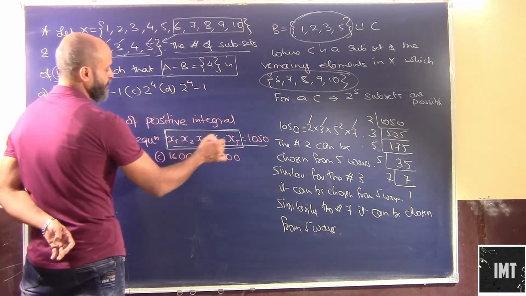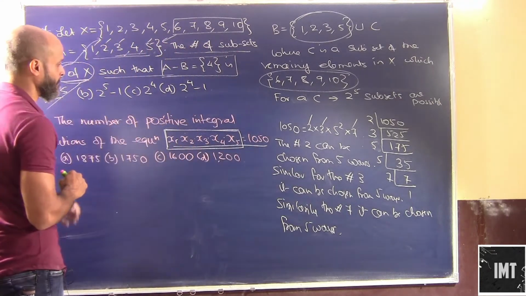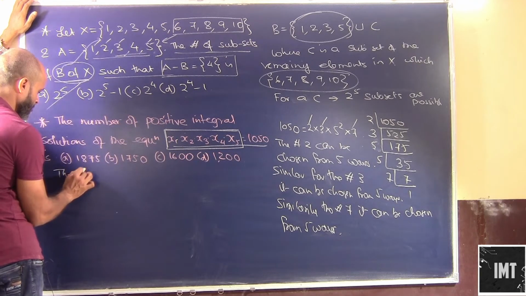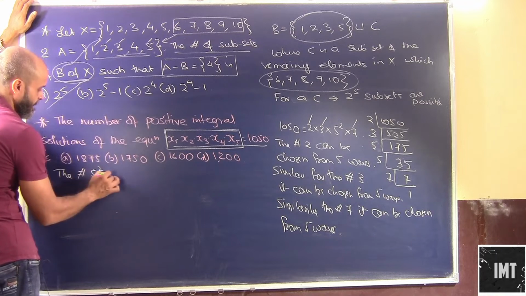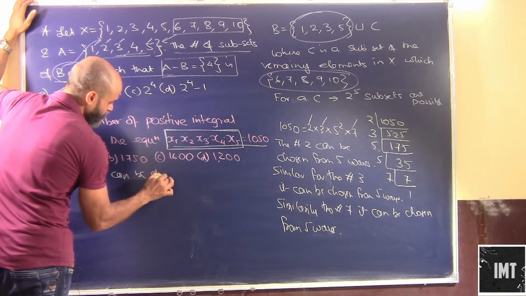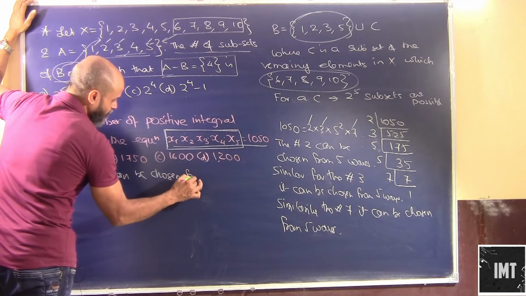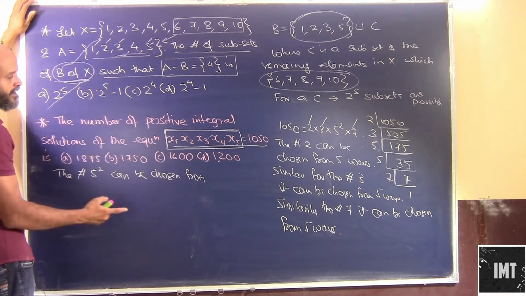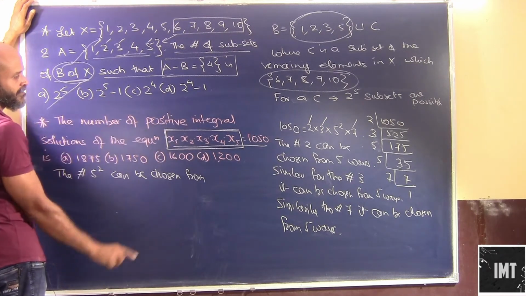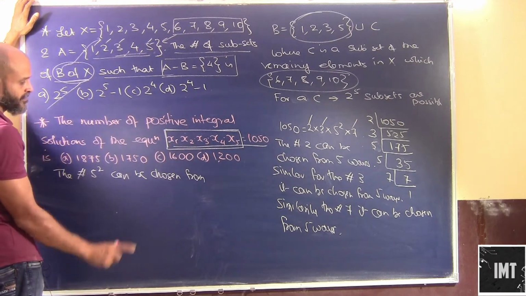We have already done with 3, so we have 2 places more to fill. So how can 5 square be assigned? See, 2 can occupy any of these 5 places. 3 can occupy any of these 5 places.